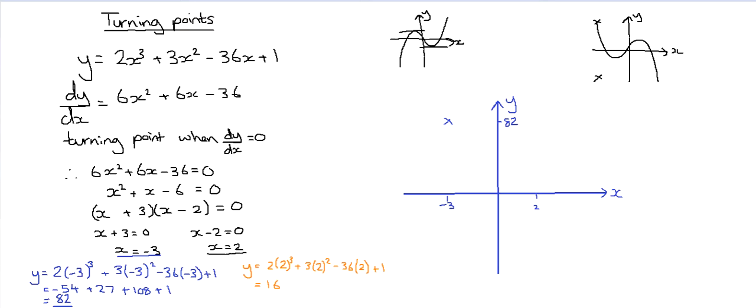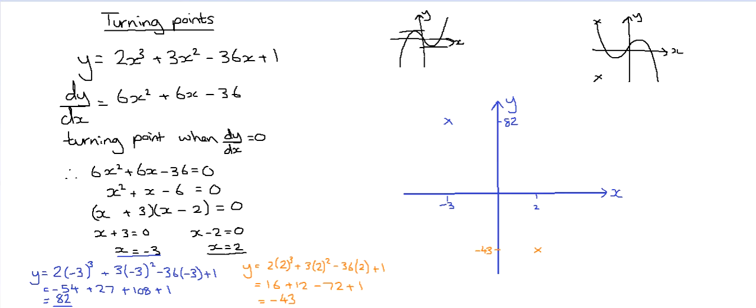So that's going to give us 16, 4 times 3 is 12, minus 72, add 1. Tidy that up and we get minus 43, I believe. So let's put minus 43 there, and that's going to be that coordinate here.